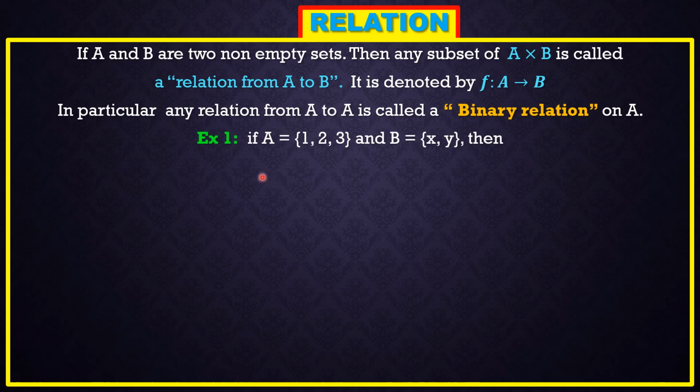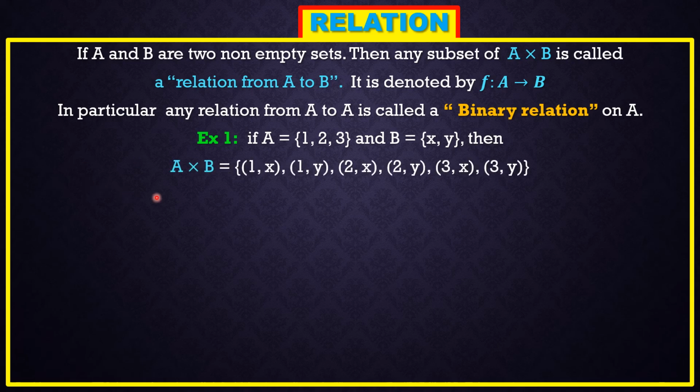If the set A equals the set of the elements 1, 2, 3 and the set B equals the set of x and y, then the Cartesian product of A and B, denoted by A cross B, equals the set of ordered pairs.